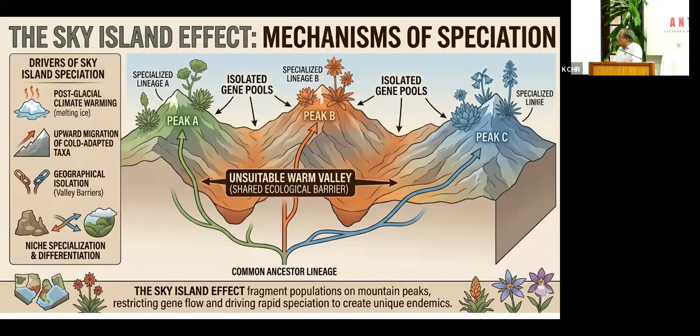And in the post-glacial period, many of the species could not survive, and the species which could survive climbed up and found a resorting area which is somewhat temperate in nature, which Meher-Homji called the tropical montane habitat or tropical montane forest. These peaks are the resorting area for some of the species, and in between the peaks there are deep valleys which are not conducive for many of the species.